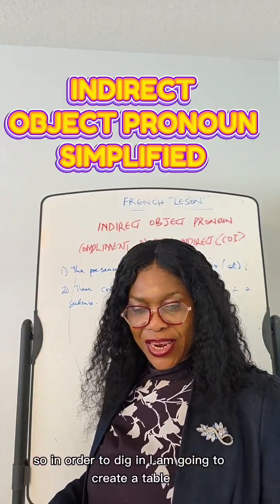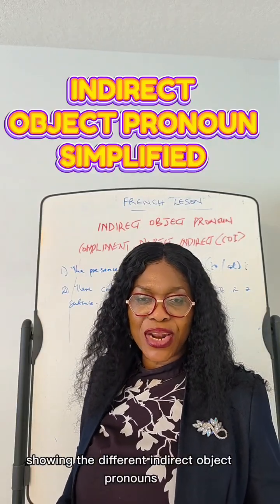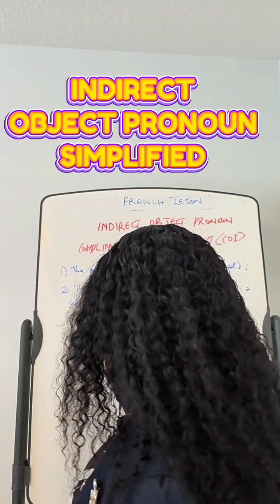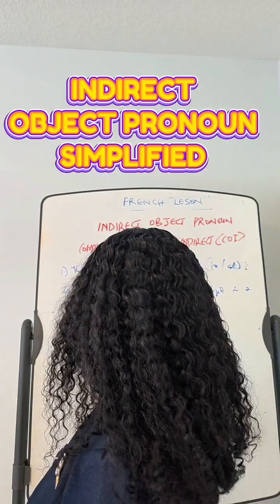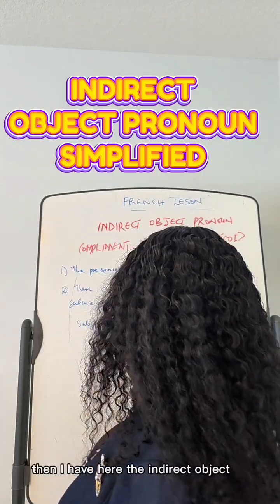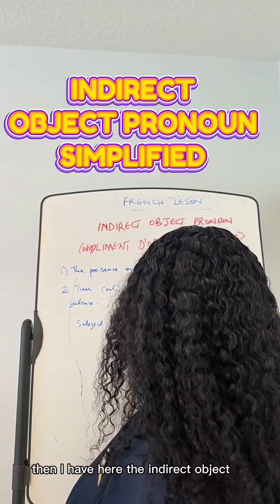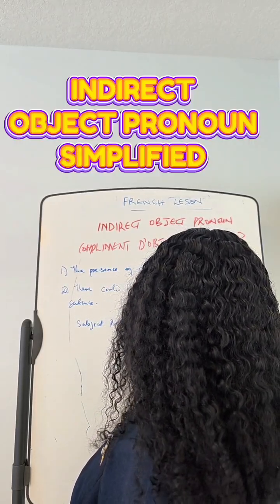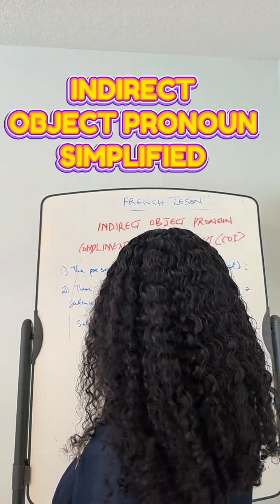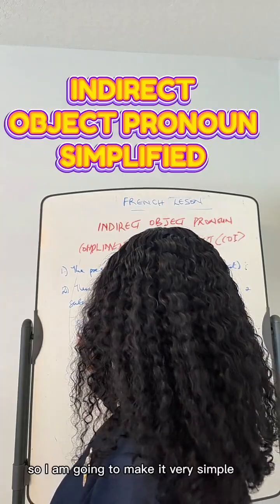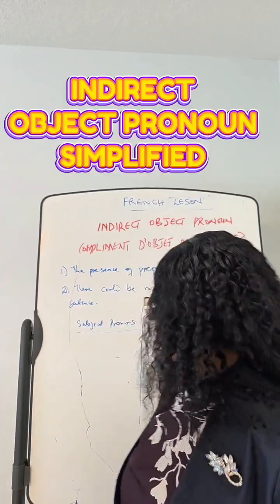So in order to dig in, I am going to create a table showing the different indirect object pronouns that we have in French. I have here the subject pronoun, then the indirect object pronoun. I am going to make it very simple.